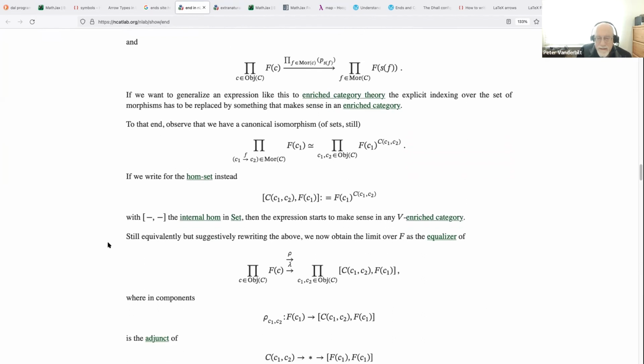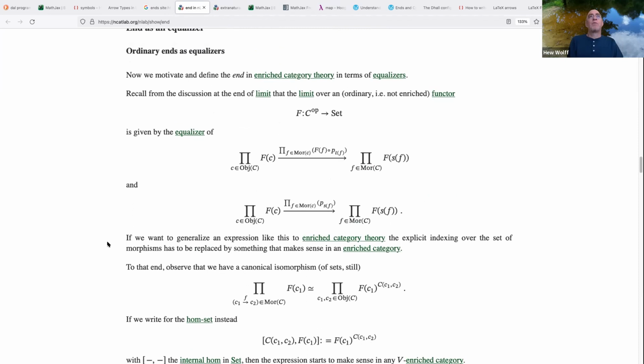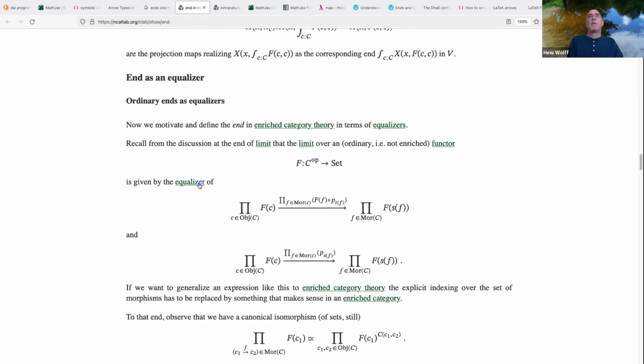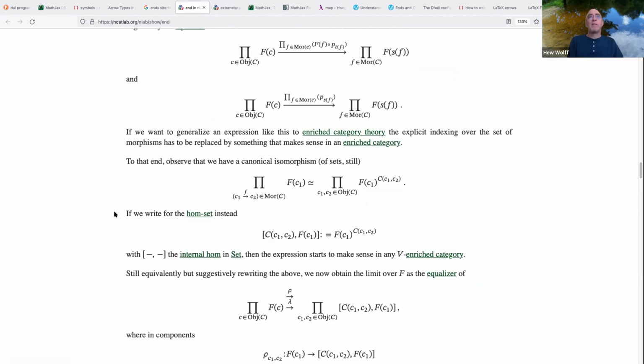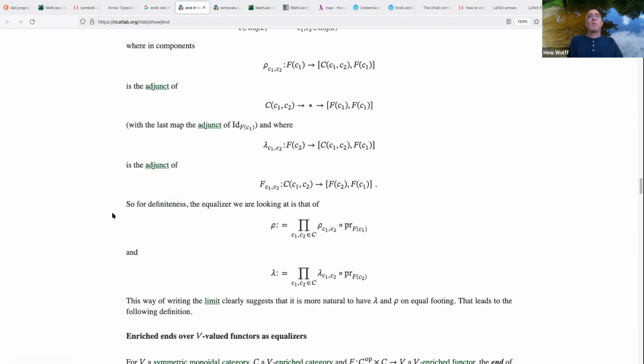Well, we should have defined all these things. Okay, so what they're trying to do is generalize the end to enriched categories, and they want to take a definition of end which allows them to do that. And that's why they're using equalizers.